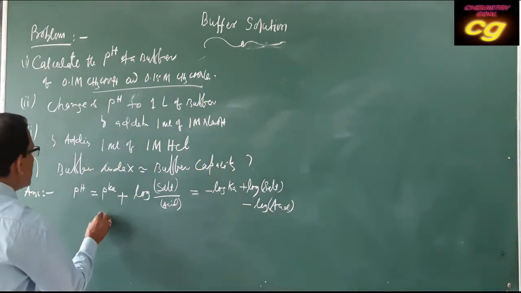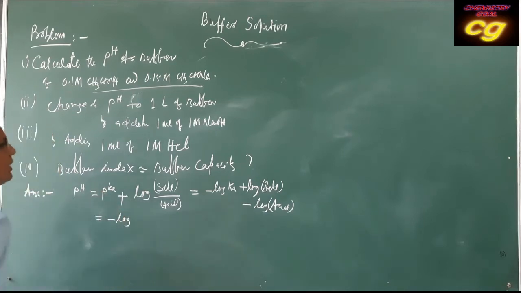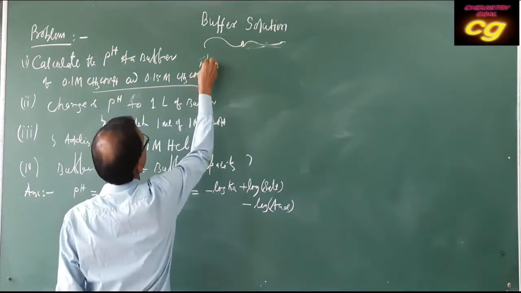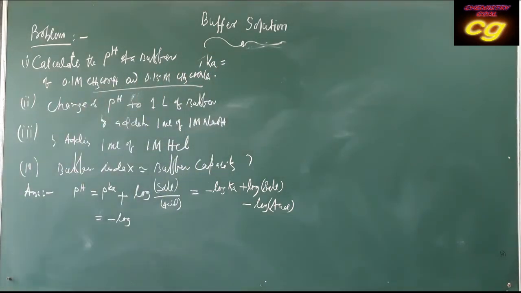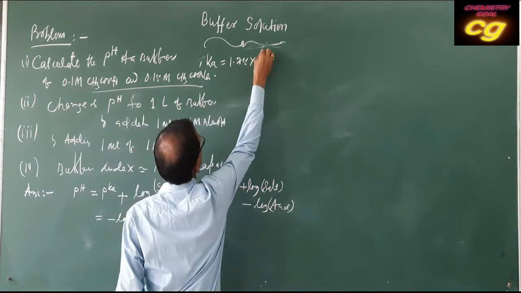You put this, then pK is minus log of the Ka value. The Ka of the solution is given, 1.75 into 10 to the power minus 5.